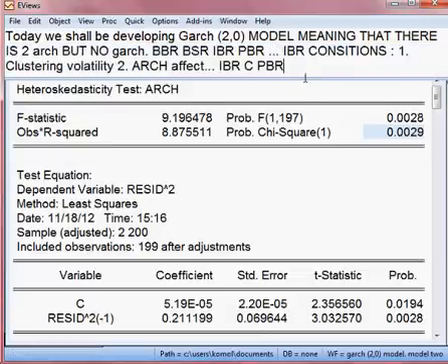And our plan is to develop a GARCH 2.0 model, meaning that there are two ARCH effects but no GARCH effect. And here IBR should be our dependent variable and PBR is our independent variable, and that we shall do now.